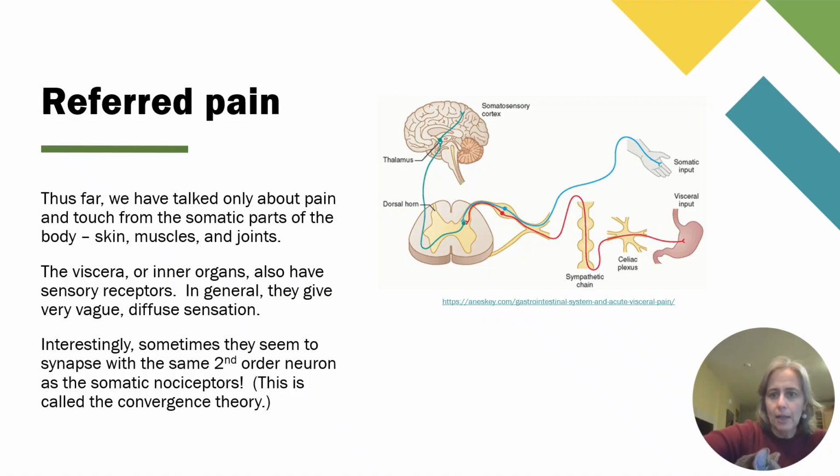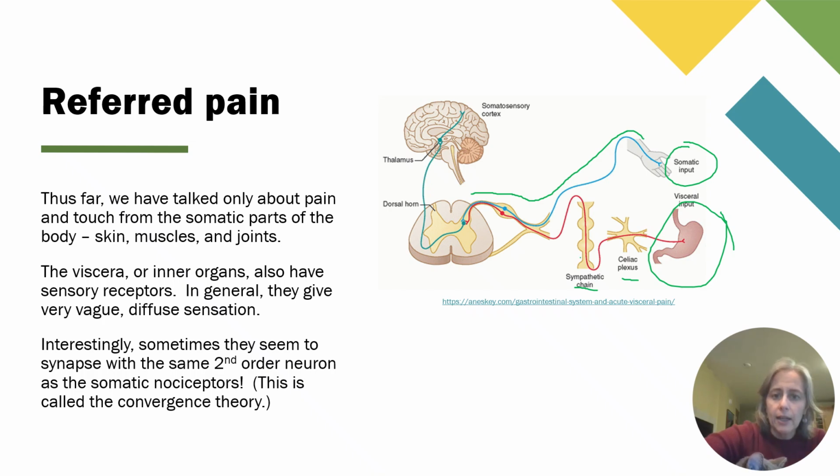alongside somatic pain. So here they're showing you somatic input, right, from the hand, coming in, and you've got your dorsal root ganglion and it's coming into the dorsal horn. Here's your stomach. Now, visceral sensory is weird. So look, we've got a celiac plexus, we have a sympathetic chain. It's weird. We'll get to it later in the course.